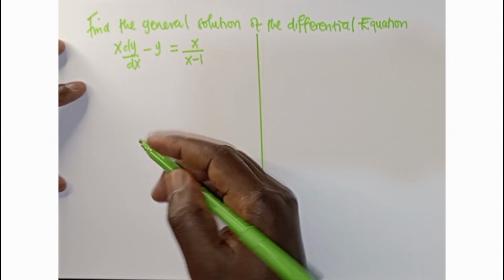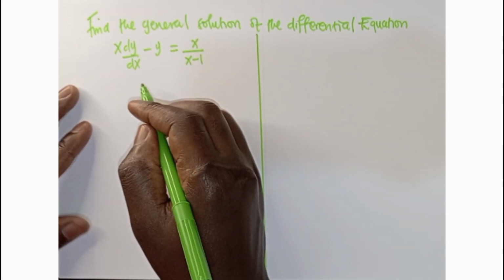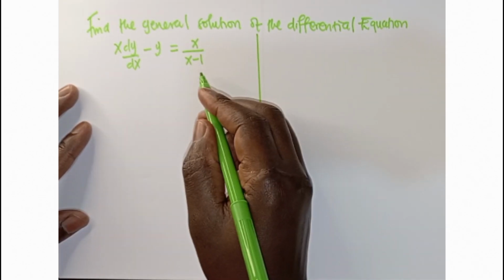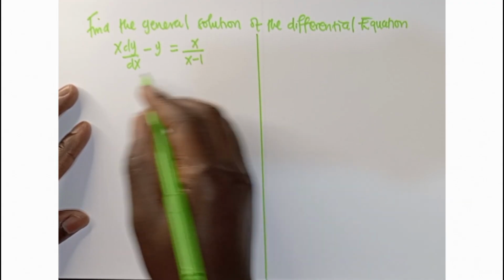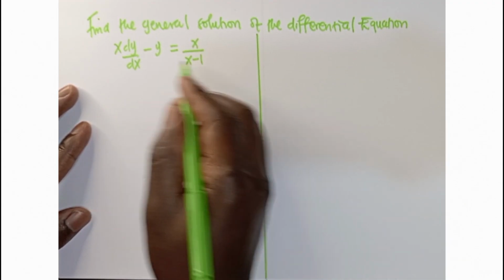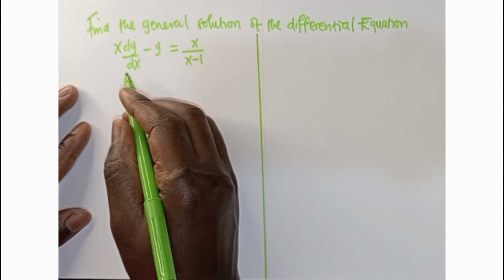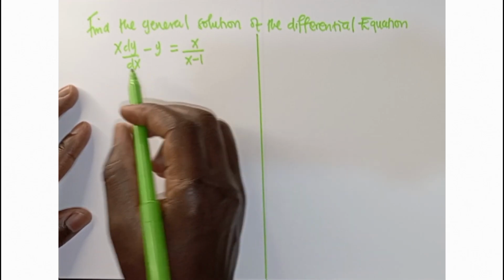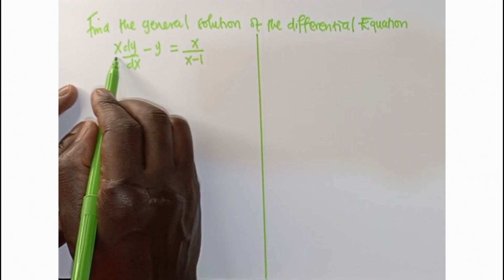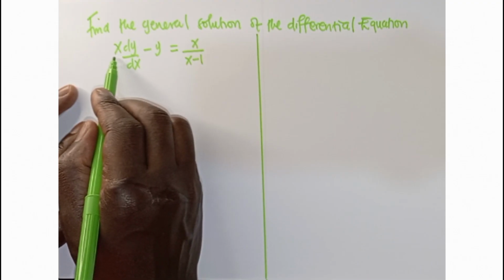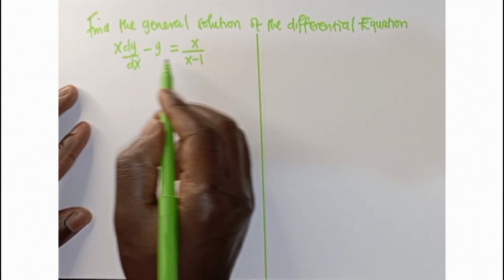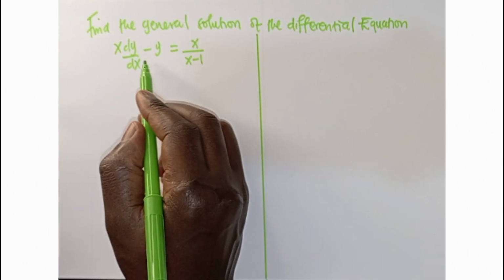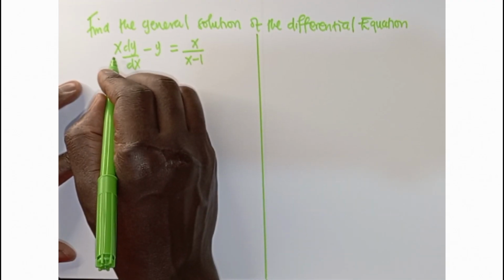Today I want us to see how we can deal with this differential equation, getting its general solution. If you clearly see, this one is a linear differential equation. It's linear, but there is a small trick here: x is on dy by dx, so we have to first divide throughout by x.